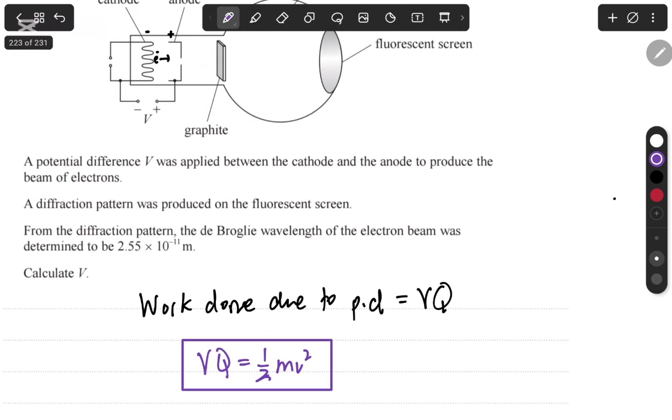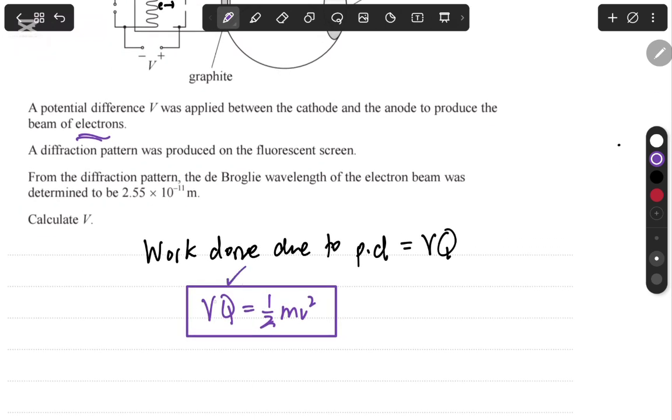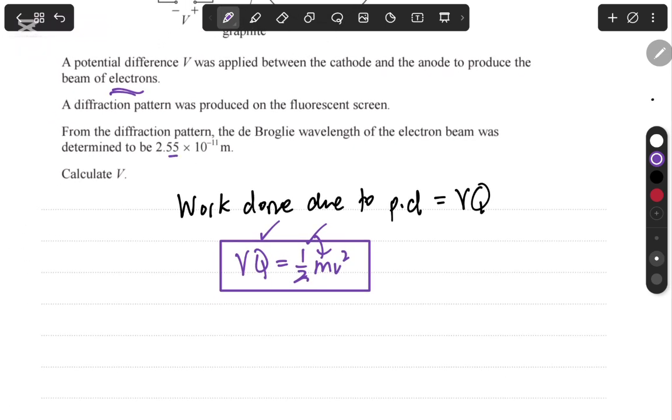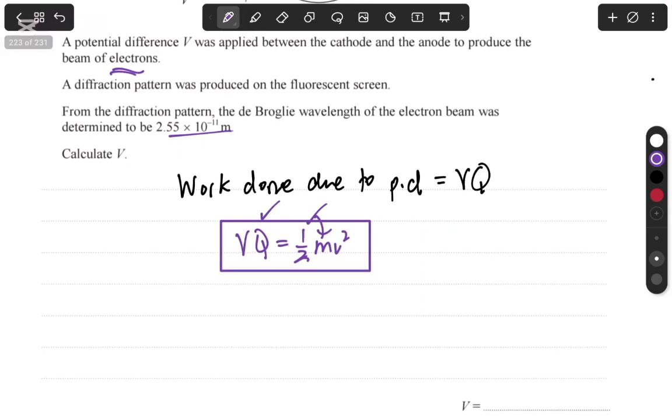Now, since we know that it's an electron that's moving, we can say that we know the charge. We know the mass of the electron, but we don't know the velocity. That's where the de Broglie wavelength helps us. So we can use the wavelength. We know the formula.